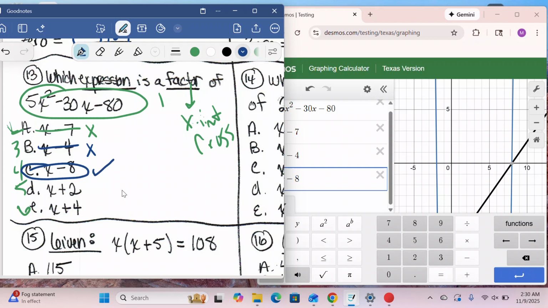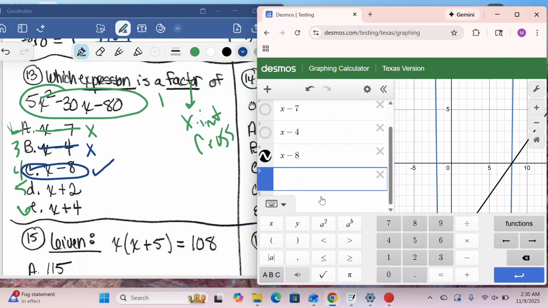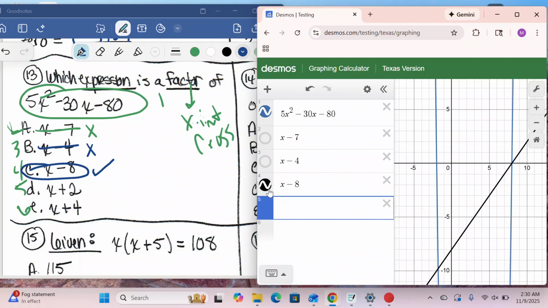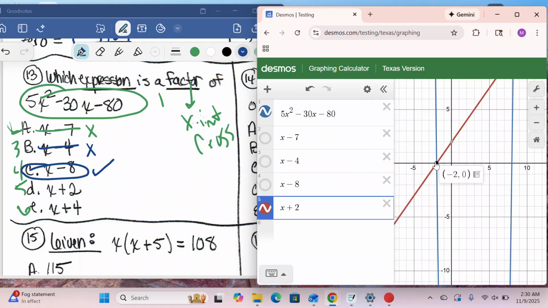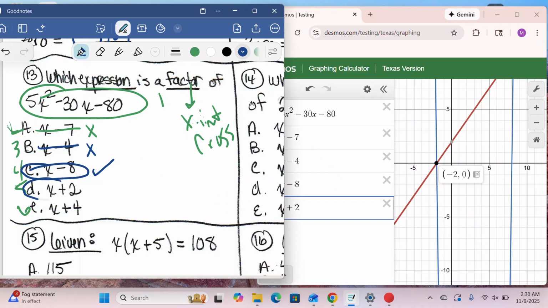And then I'm going to put in x plus 2 in my next one, and I'm going to uncheck this one. And then I'm going to type in x plus 2. And another one that passes through my x-intercept. So again, this is my factor, x plus 2.